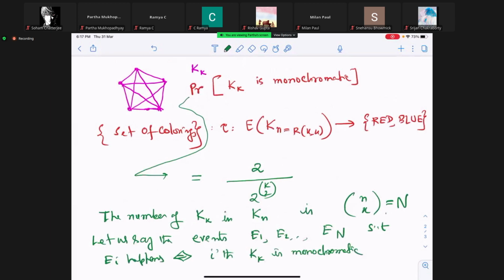I just did the calculation for one, so this is like E1. So I estimated the probability of E1.